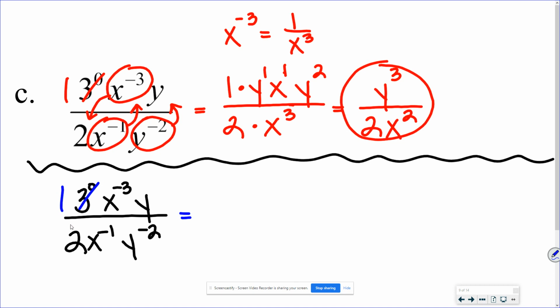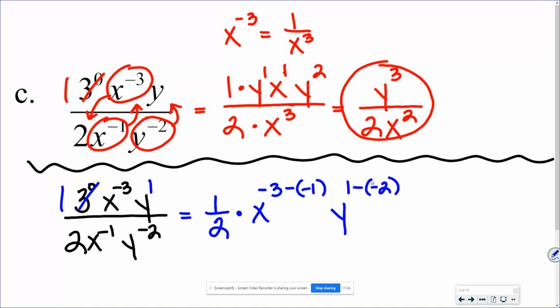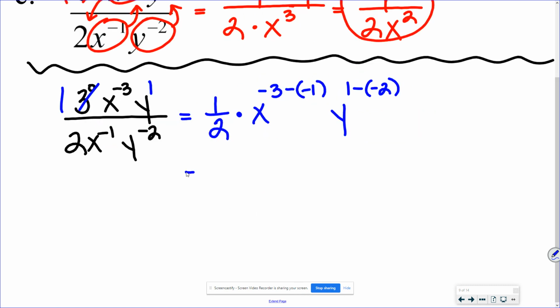So that means take your coefficients and divide them, which makes them 1/2, and subtract your exponents. So I'm going to write it out like this. It would be -3 minus -1 for the x's, and then y's would be 1 minus the bottom exponent, which is -2, and then simplify.